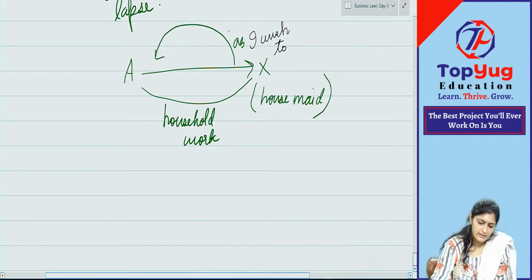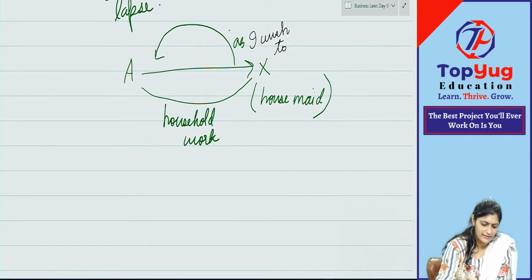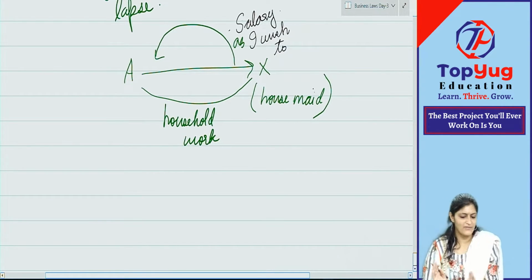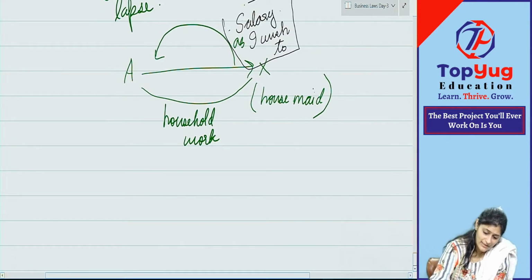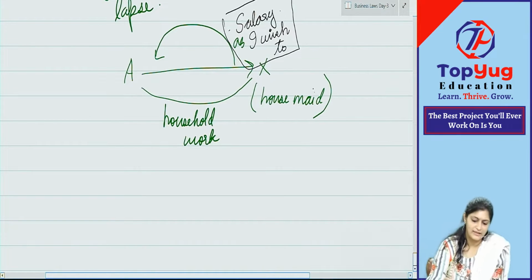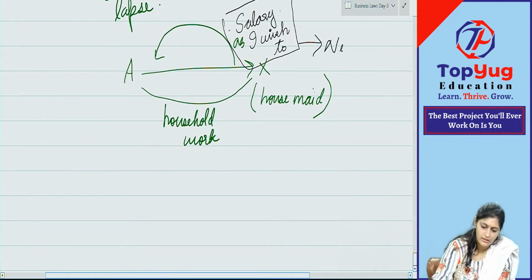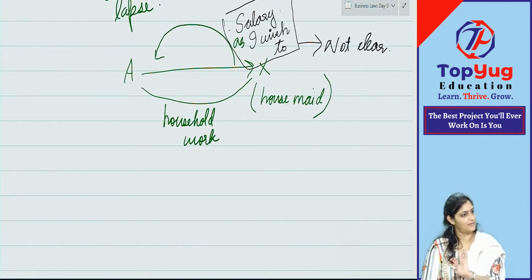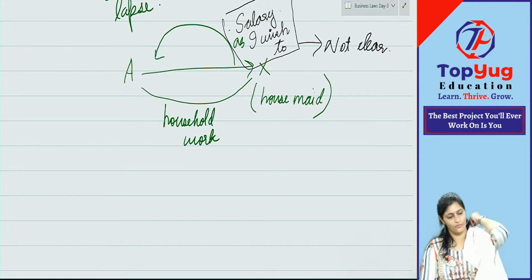Here, the price, the salary, is not being decided. The master is saying that I will give the salary as per my wish, however much I wish to. But what is his wish? Does the other person know? Therefore, it is not clear, not an offer for contracts. Got this point clear? Yes or no?